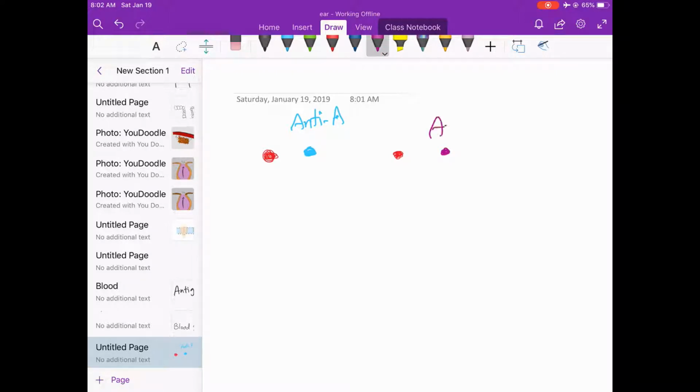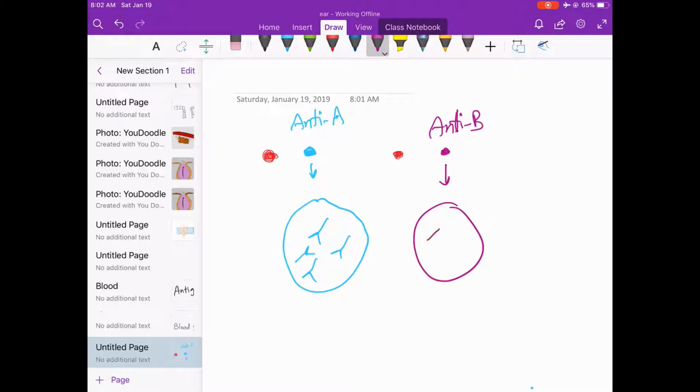This one has the anti-B antibody. Let's zoom in to see what that means. If I zoom in, these are the anti-A antibodies. They will appear like this, let's assume. And this is the anti-B antibody.